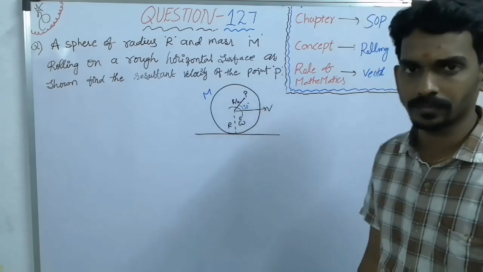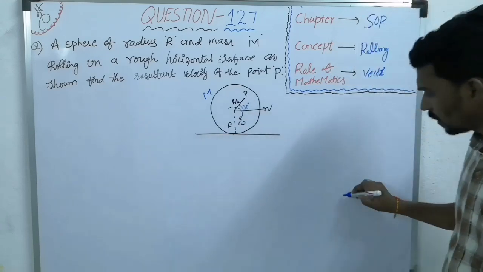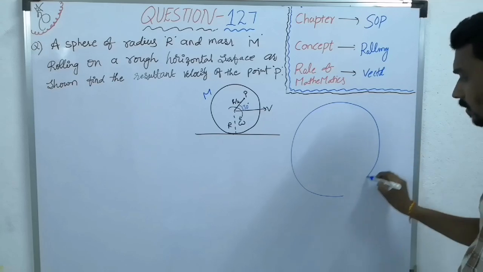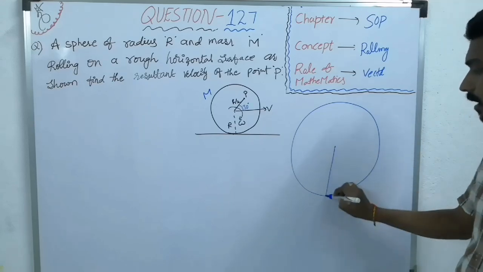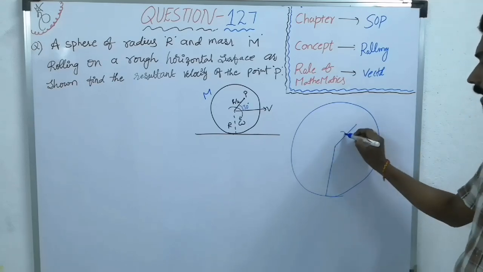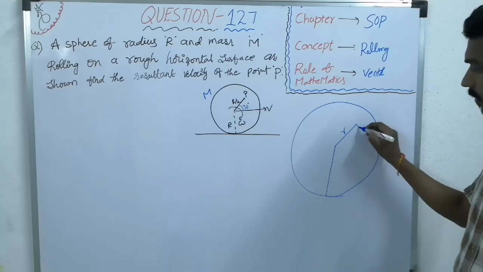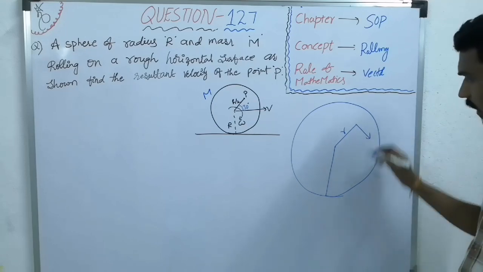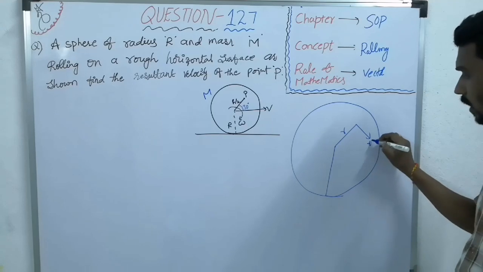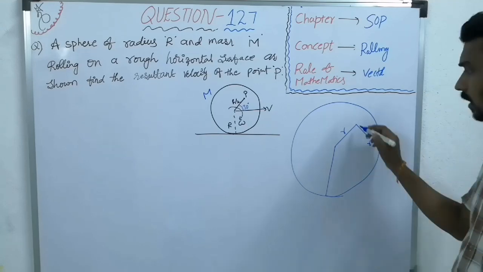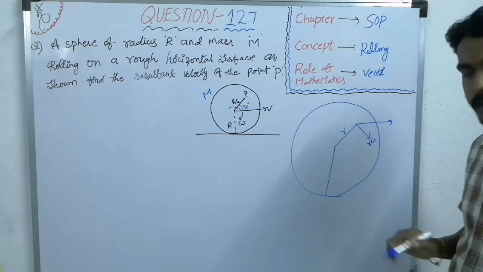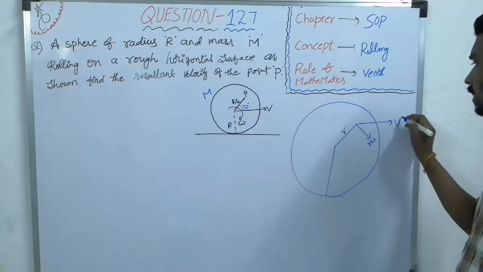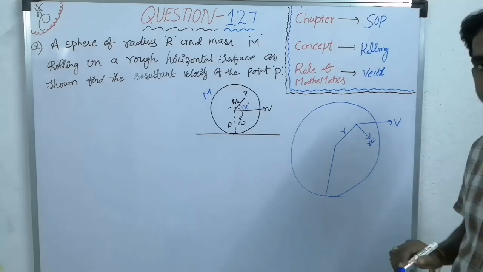given 30 degrees. Now, if you consider rolling motion at any distance r, there is one velocity due to rotational motion, r omega, and there is one velocity due to translational motion, that is the same as the velocity of center of mass.